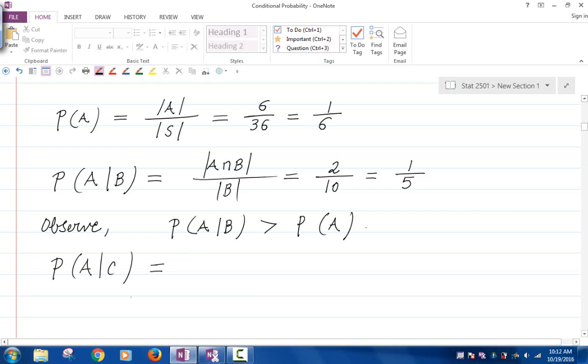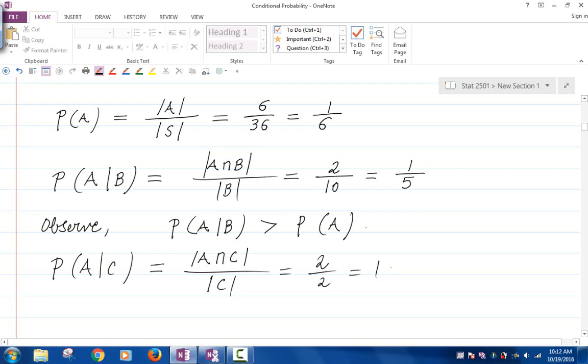So the number of elements in A intersect C divided by the number of elements of C, which is 2 divided by 2, which is 1.